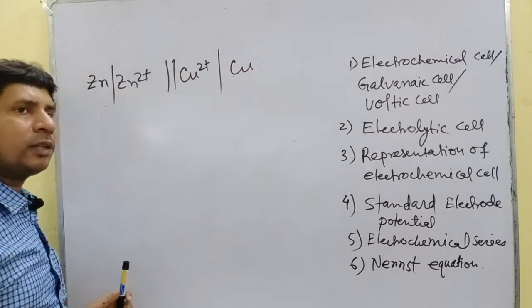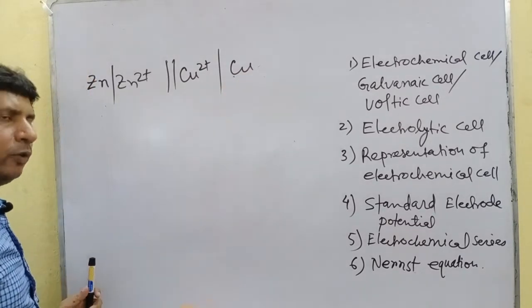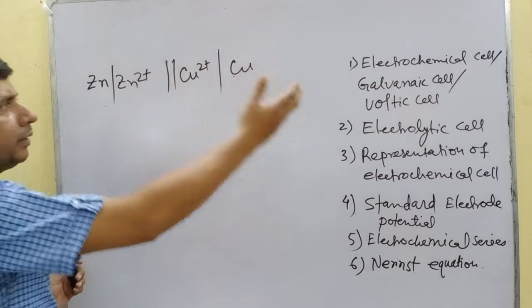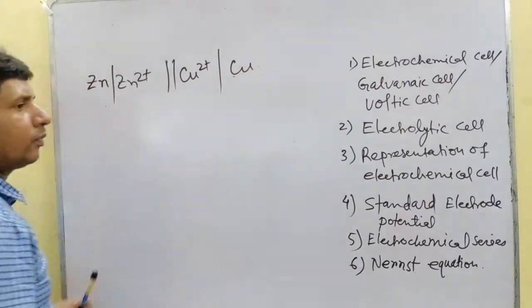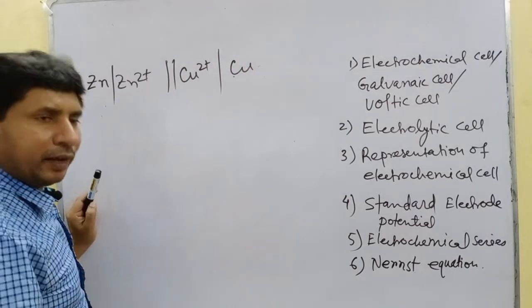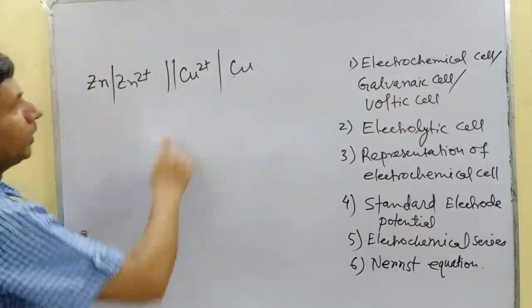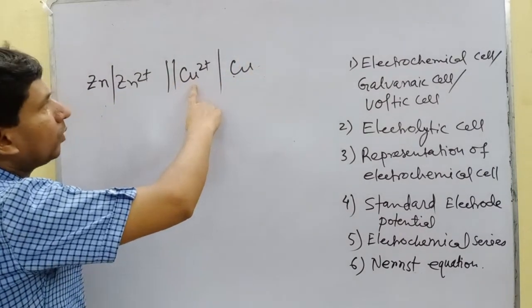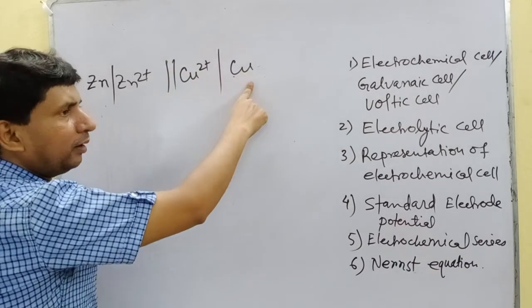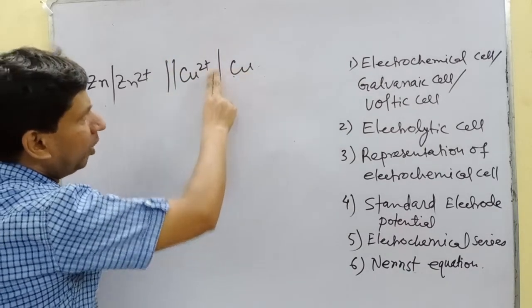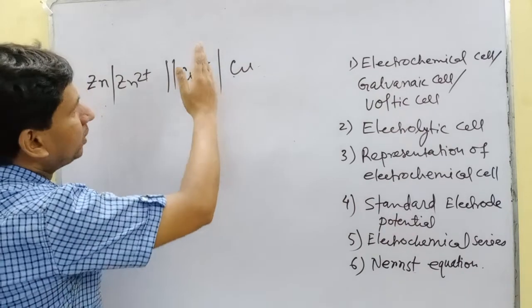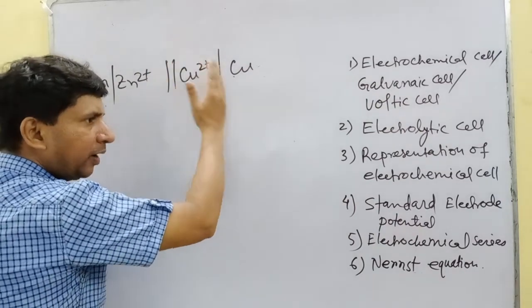Whose reduction potential is high, it will be reduced and it is written on the right hand side, from Cu2+ to copper. For this reason there is a 1 bar because it is just a separating layer.